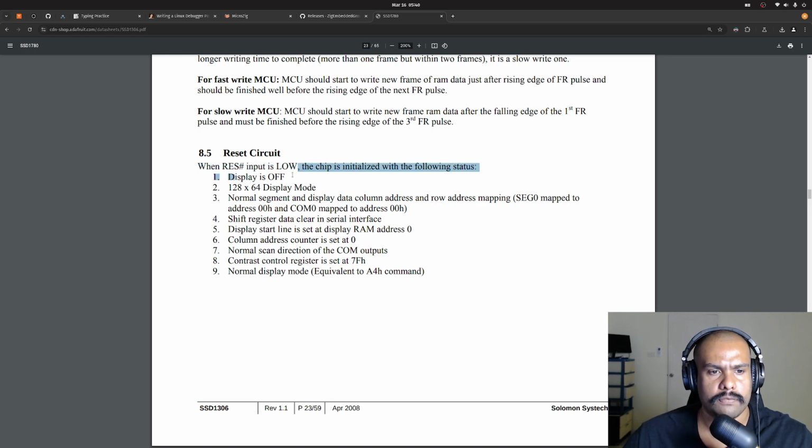Display is off. 128/64 display mode. Normal segment and display data column address and row address mapping. SEG0 map to address 00H and COM0 map to 00H.